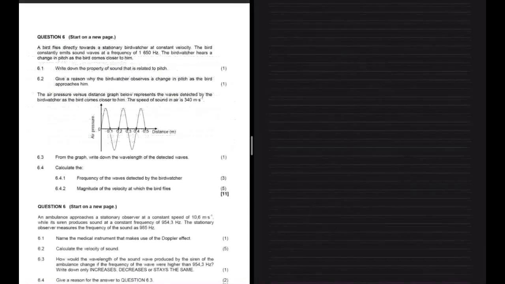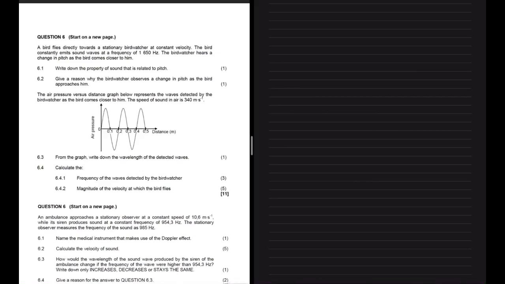Let's move ahead and do questions that are a bit different from what we're doing, that involve graphs and so on. So on the left hand side, we have question 6. We're going to start by reading the problem statement like we always do. A bird flies directly towards a stationary bird watcher at constant velocity.